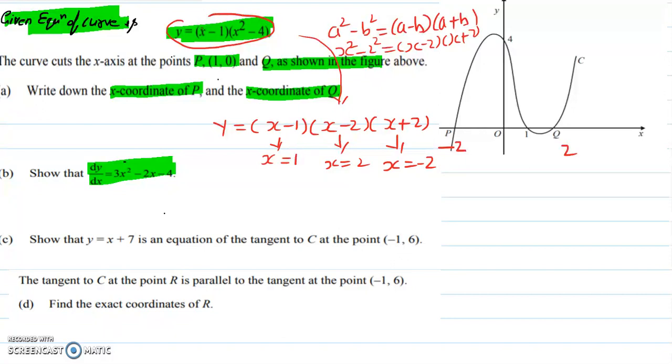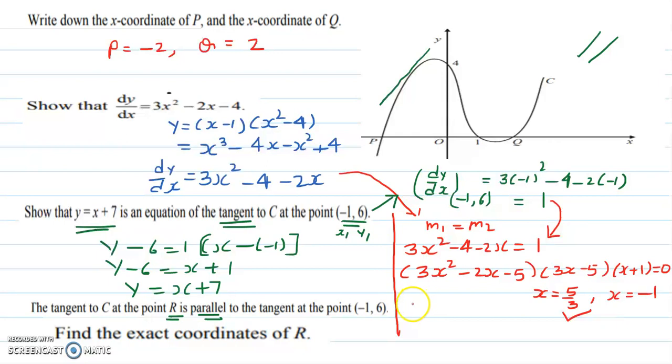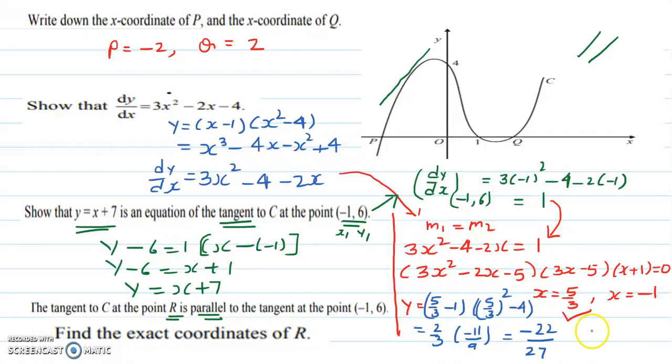If we put x equals 5 over 3 here, then y equals (5/3 minus 1) times ((5/3) squared minus 4). If we simplify, it will be 2 by 3 times minus 11 over 9, and multiplying, it will be minus 22 over 27.